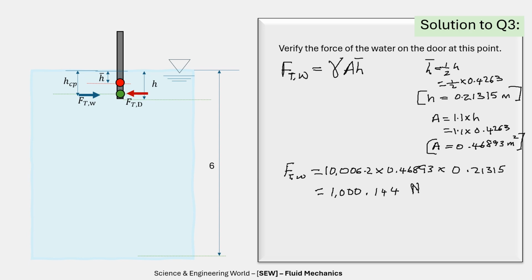So we can say approximately that the force of the water on the door is equal to 1 kilonewton, and this corresponds to the force of the driver, so this is equal to the force F_T driver.